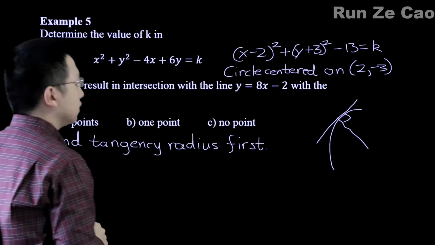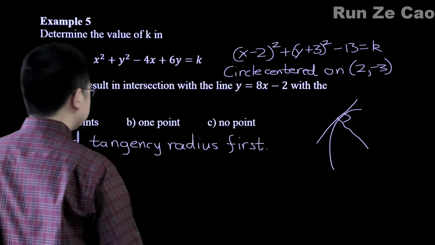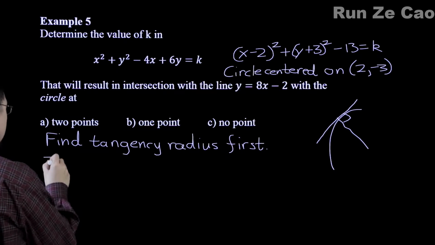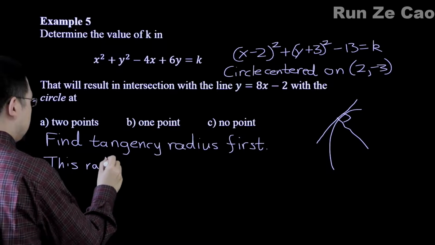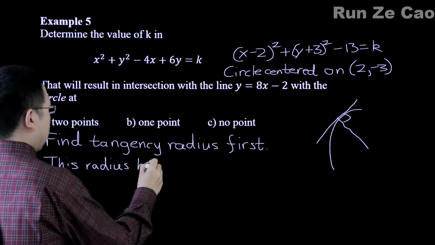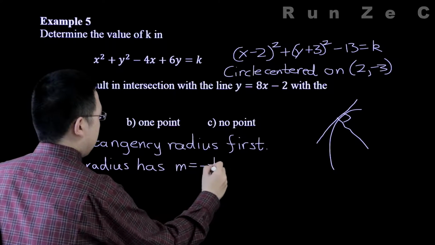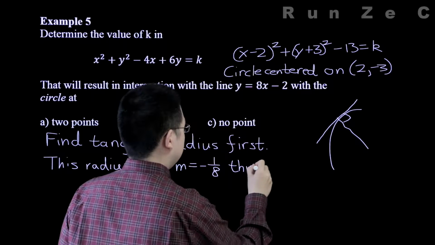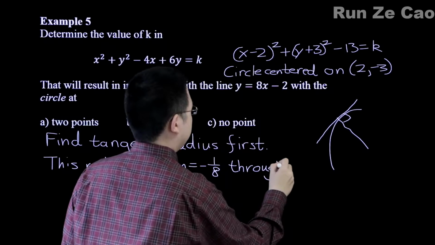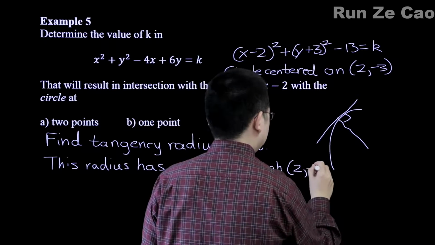Okay, that didn't come out as well as I'd like, but it's perpendicular, so what do we know? This radius has m equals -1/8 through 2, -3.